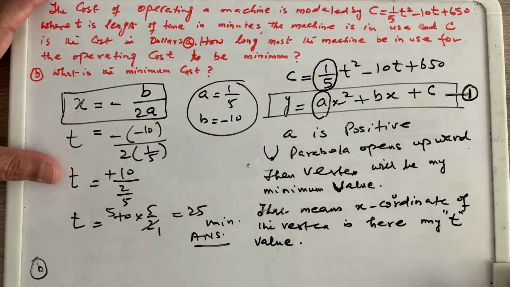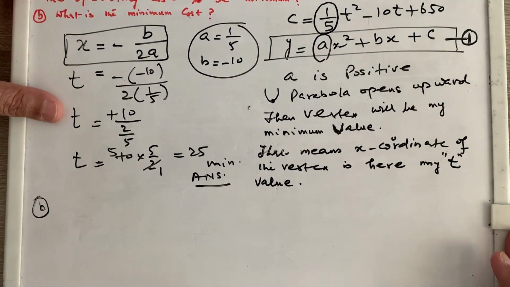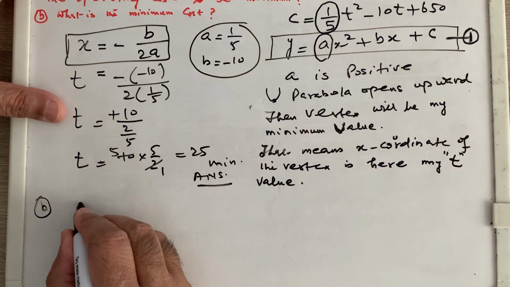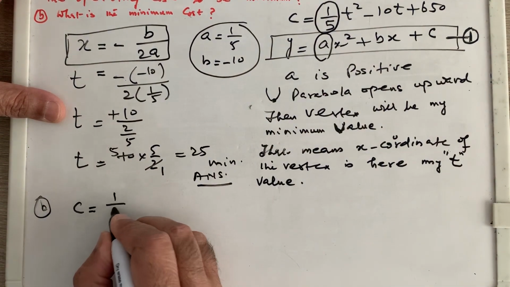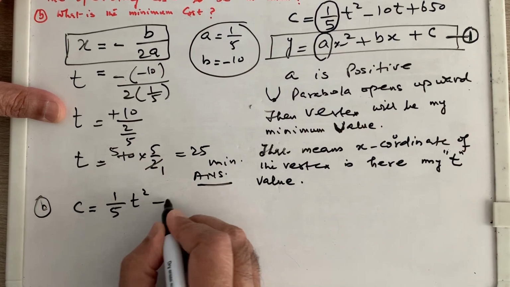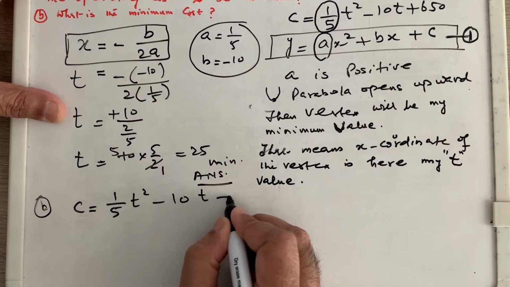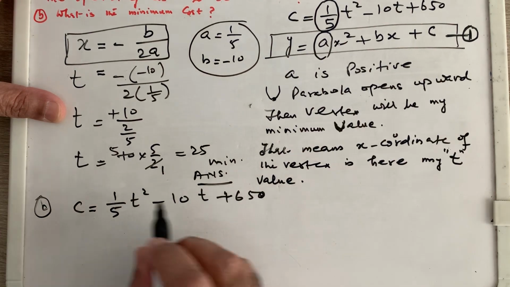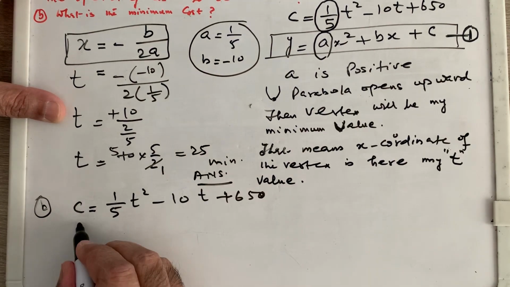Now the b part. So the b part is the minimum cost. The question has generated the minimum cost equation, which is c is equal to 1 over 5 t squared minus 10t plus 650. This is your cost. If you put in the time, how long you have to run the machine, you will get the cost.